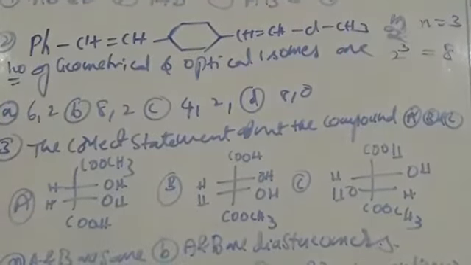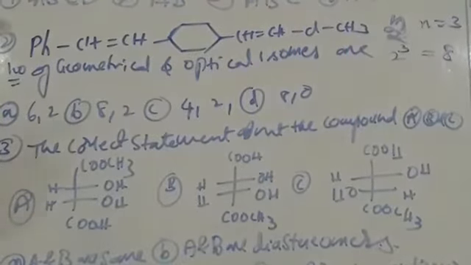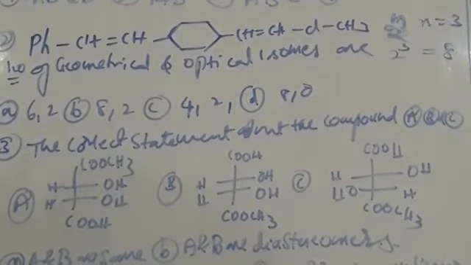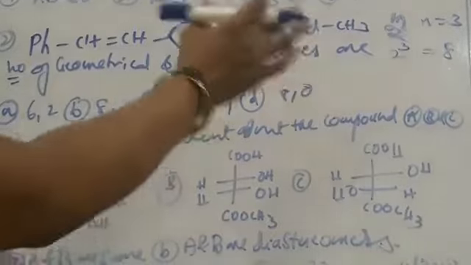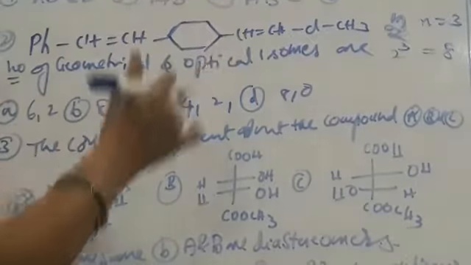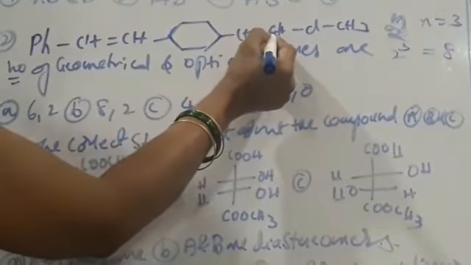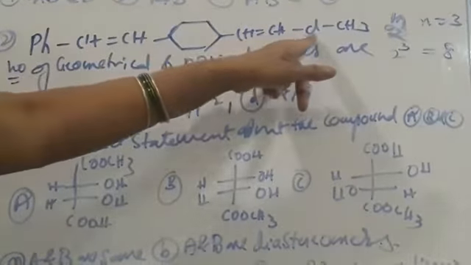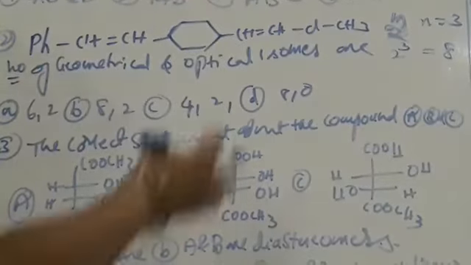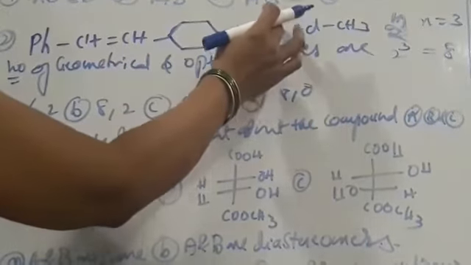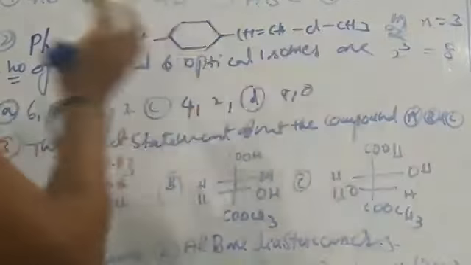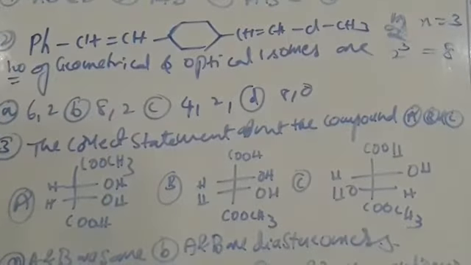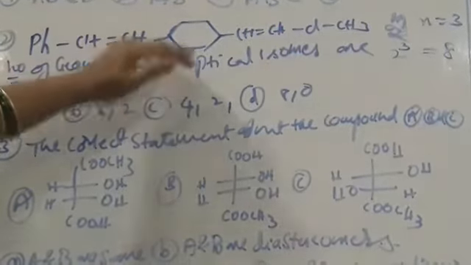Then coming to optical isomers. To exhibit optical isomerism, what is a must? Chiral carbon. So overall in this compound, a chiral carbon is there. For example, this is the chiral carbon, the center where the chiral carbon is present. So one chiral carbon, surrounded by 4 different groups.